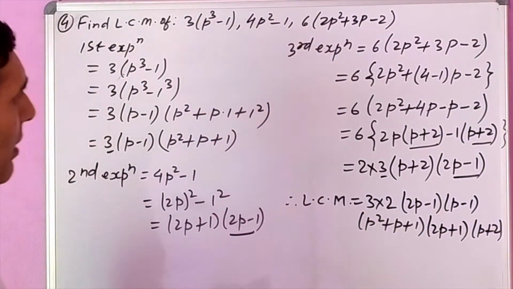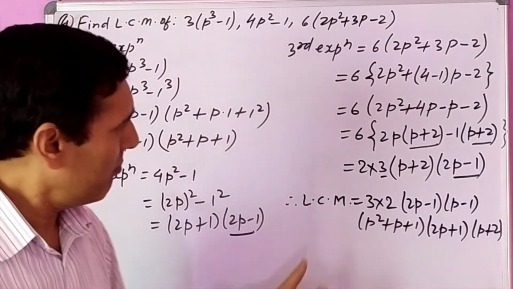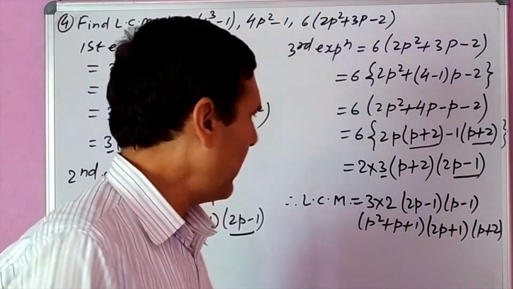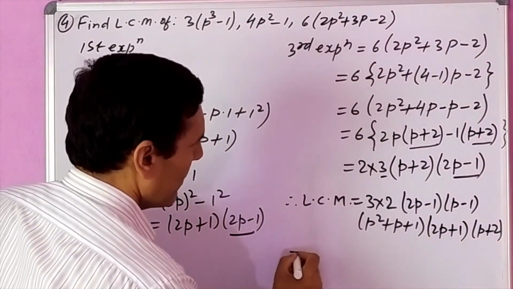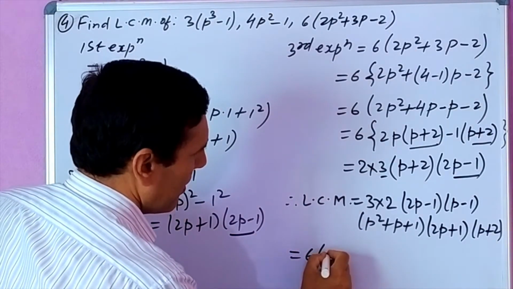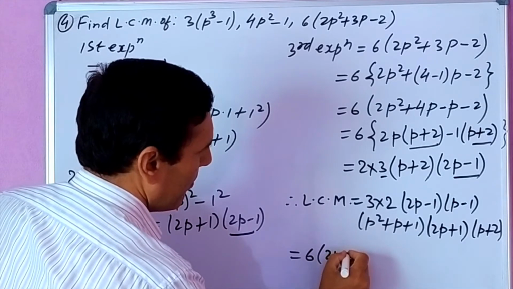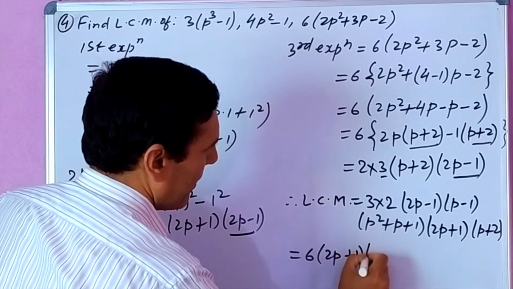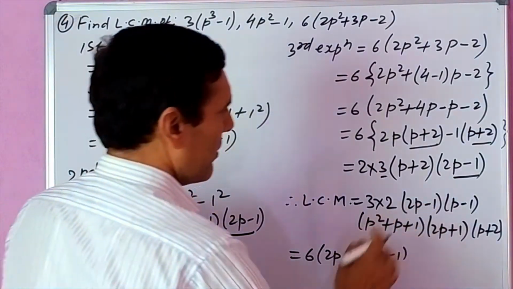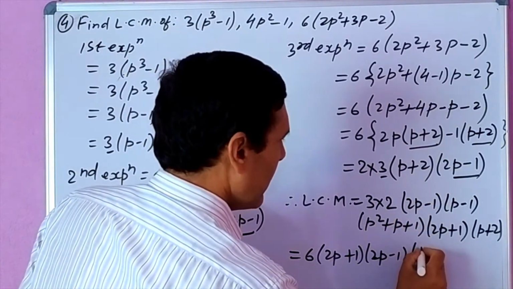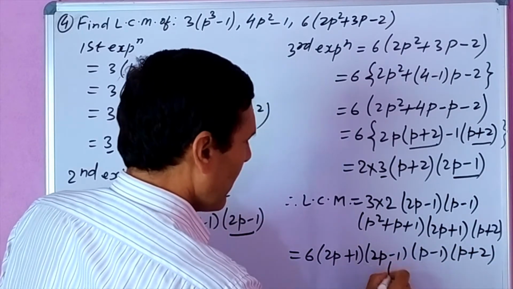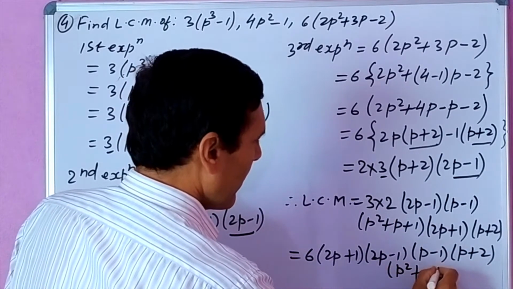Because we do not have more common factors here, most of the factors are not common, and so our LCM is becoming longer. So it is 3 times 2, that is 6, and it is 2p plus 1, 2p minus 1, p minus 1, p plus 2, and p² plus p plus 1.